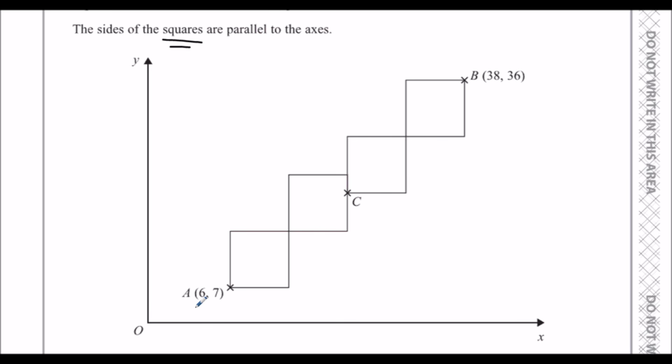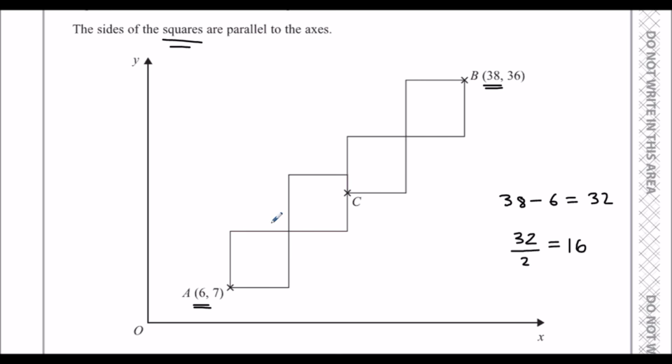So if we look at the X's, which is 6 and 38, so the change is 38 minus 6, which is 32. So the total change is 32. C is halfway along that change. So half of 32 is 16.